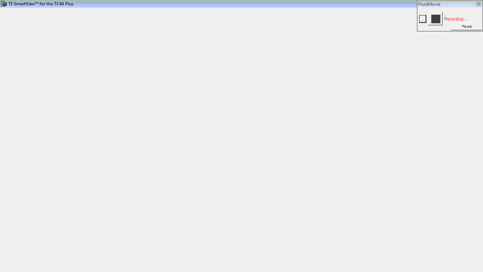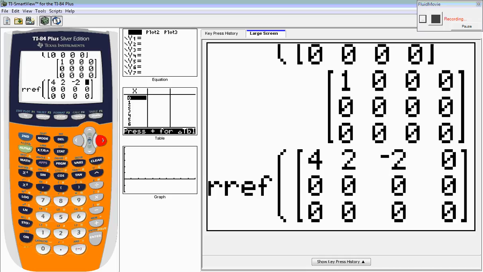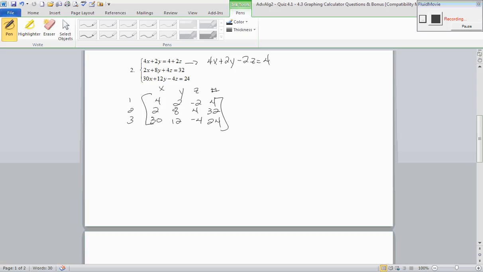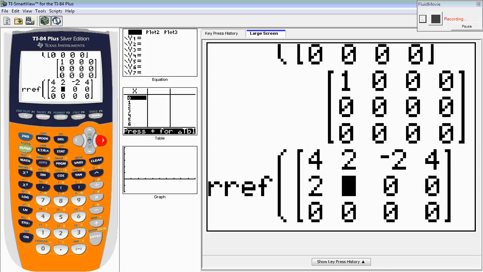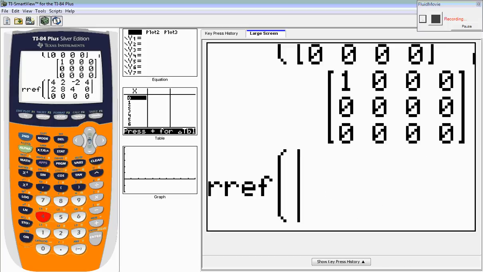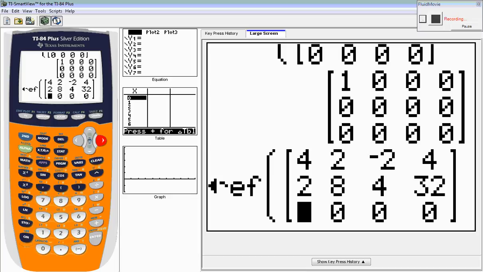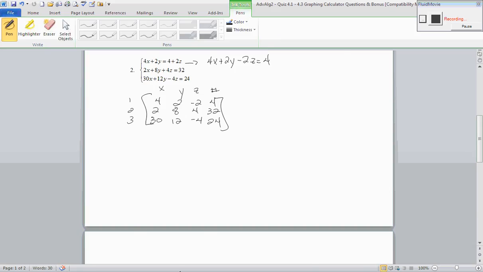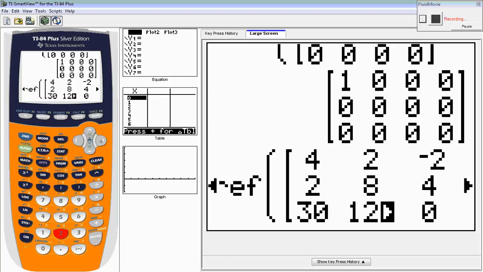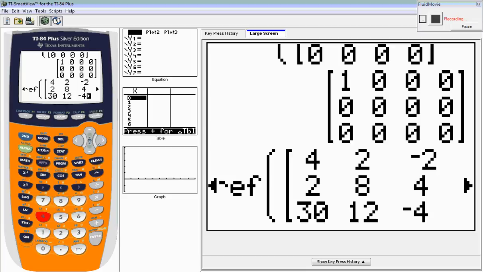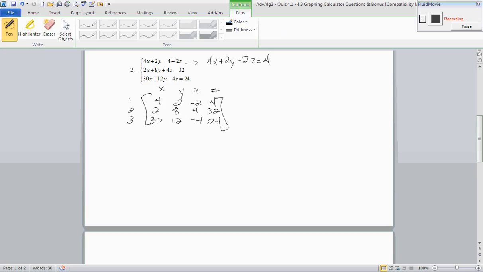So going back, it's 4, 2, negative 2, 4, 2, 8, 4, and 32, and 30, 12, negative 4, and 24.